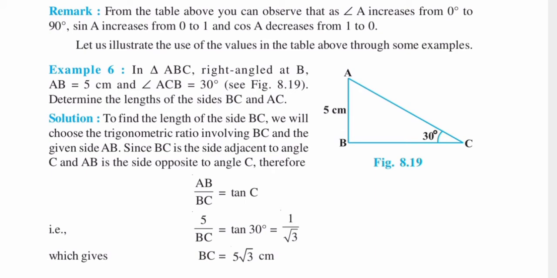Solution. To find the length of the side BC, we will choose the trigonometric ratio involving BC and the given side AB. Since BC is the side adjacent to angle C and AB is the side opposite to angle C, therefore AB by BC is equal to tan C, because tan is opposite by adjacent.